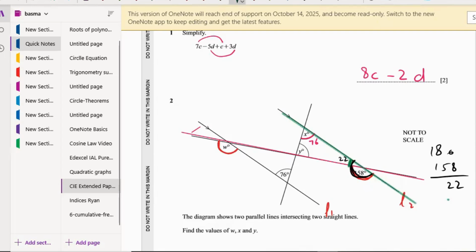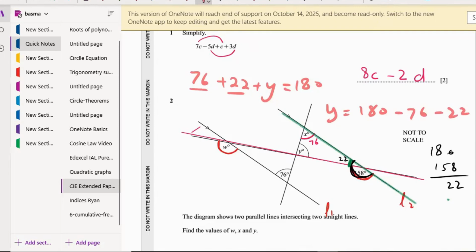If you look at this triangle now, x plus y plus 22, all three angles add up to 180. So 76 plus 22 plus y equals 180. Adding 76 and 22 first gives you 98.